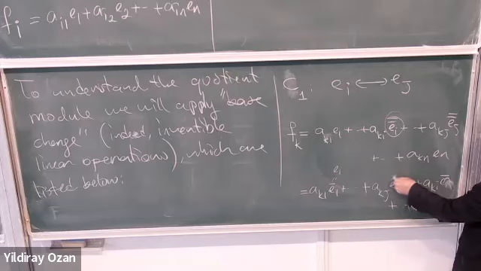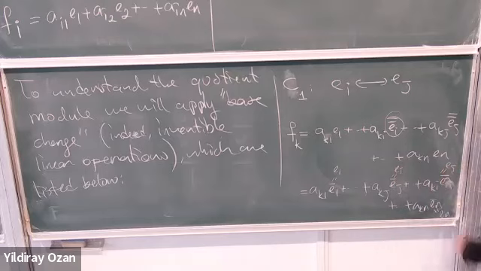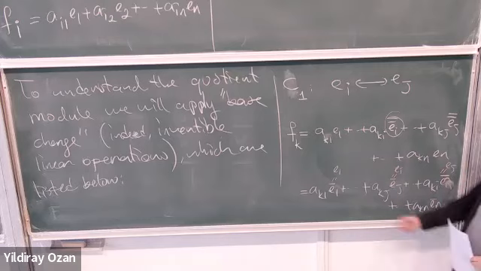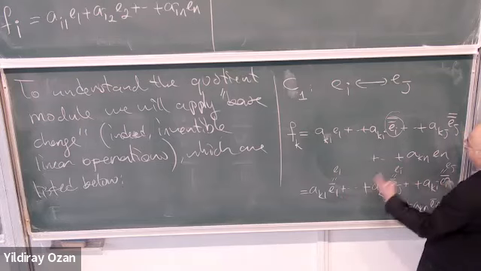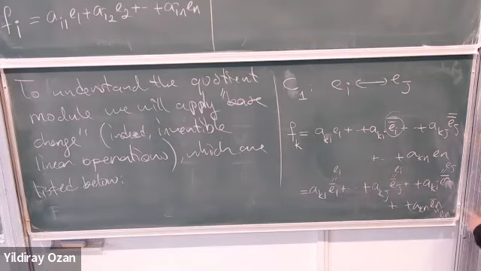Ej bar dediğim şey Ei. Ei bar dediğim de Ej. Yani yeni basis elemanları gibi göreyim bunları. Hepsi aynı. So they are all same elements, but only the ith and jth one are interchanged.